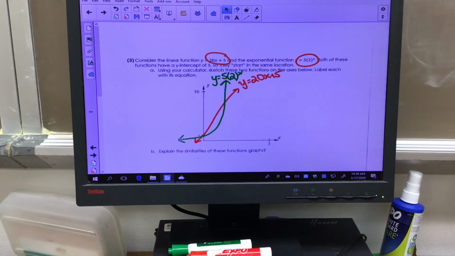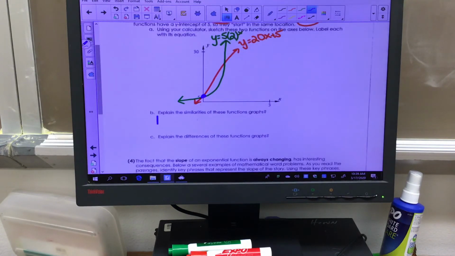So explain the similarities of these functions' graphs. Well, the biggest similarity is that both of them have a y-intercept of 5. Both touch the y-axis at 5. The differences between these functions.